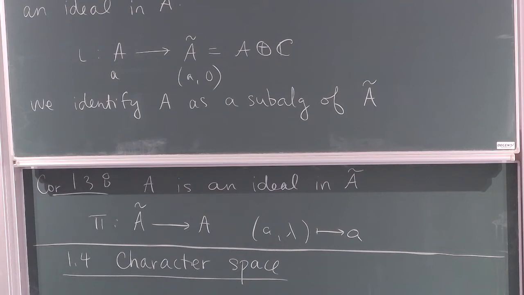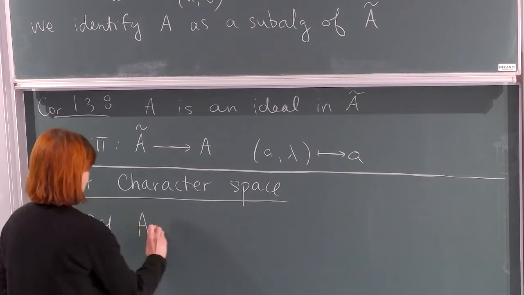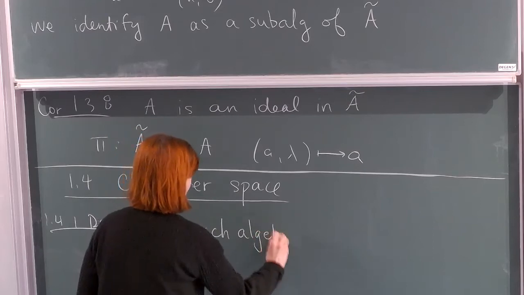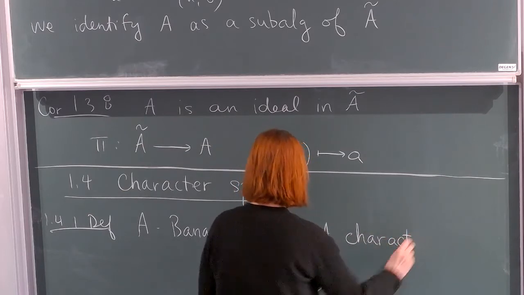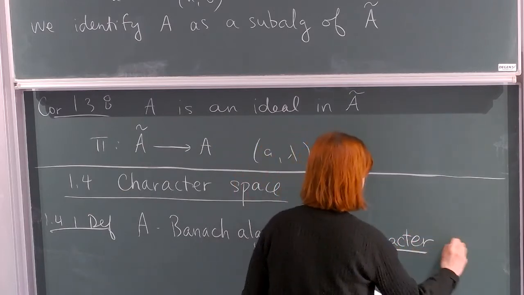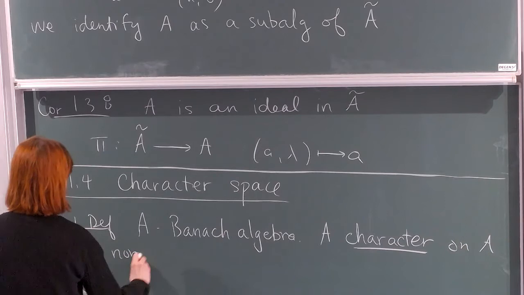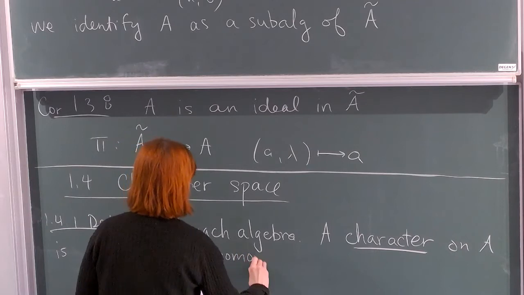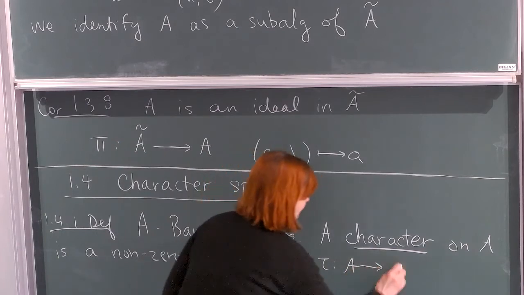Okay, so if we have a Banach algebra A, a character on A is a non-zero homomorphism from A into the complex numbers.